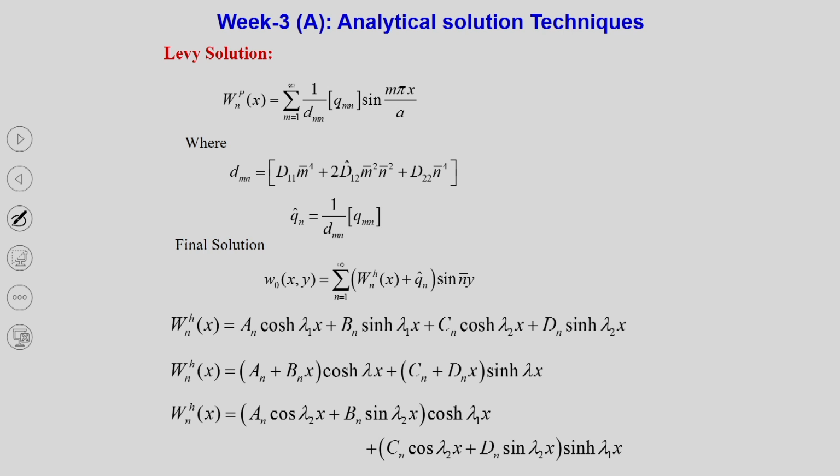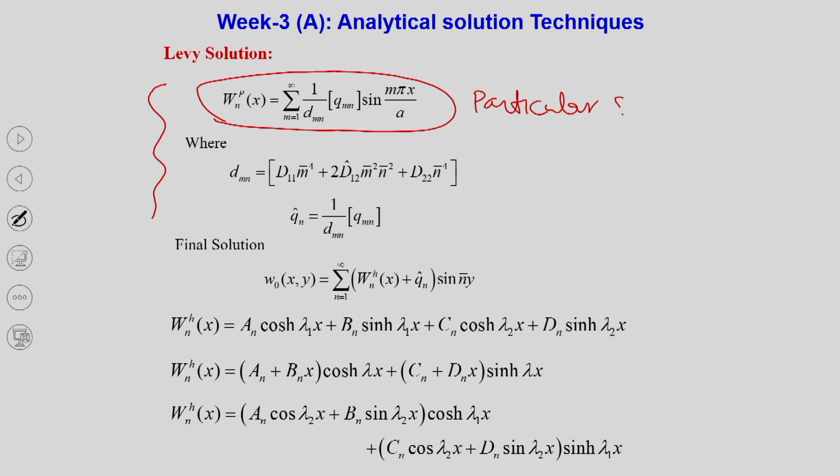Now I am going to give you a brief code, or I would like to say a beginner's code, on how to obtain the Levy solutions. You know that this is your particular solution, and where QMN you can evaluate anytime 4 by a b and so on, something a function of k and sin dx dy like that.